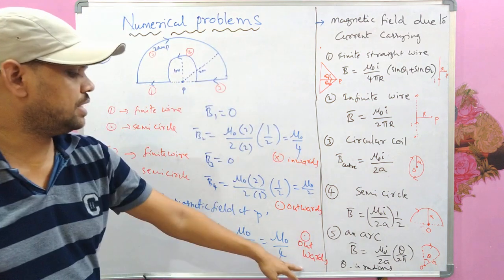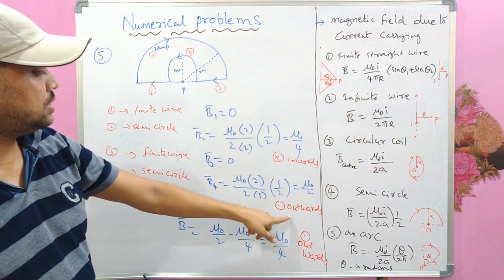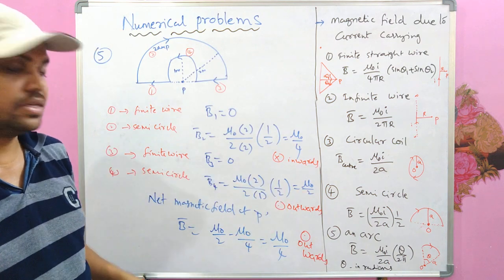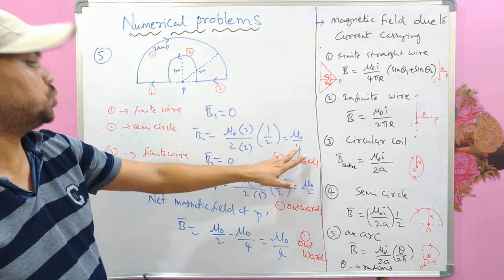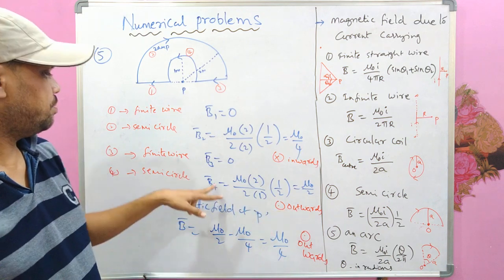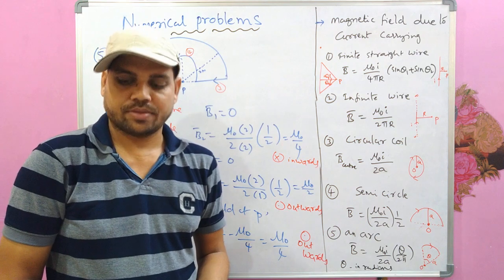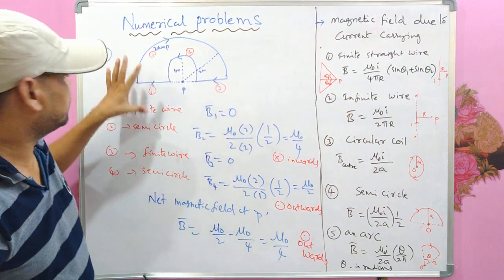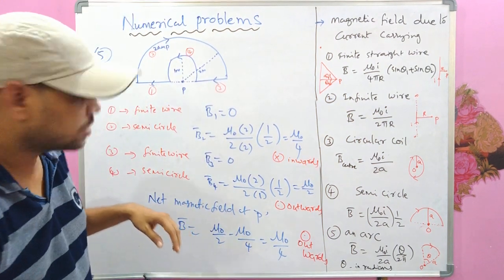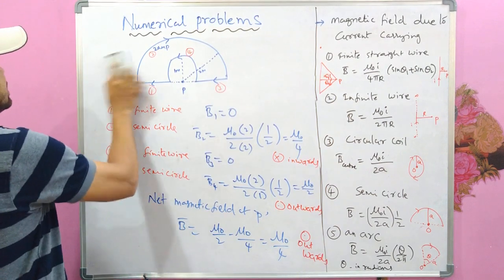It's like B4 minus B2. Anyway, B3, B1 are zeros. Okay, so this is how we calculate magnetic field for this case. Now we will see another example.